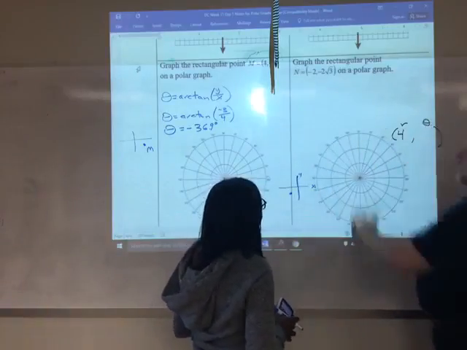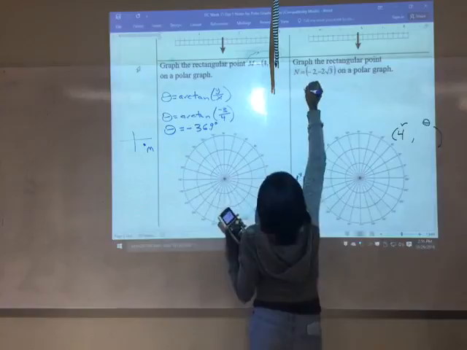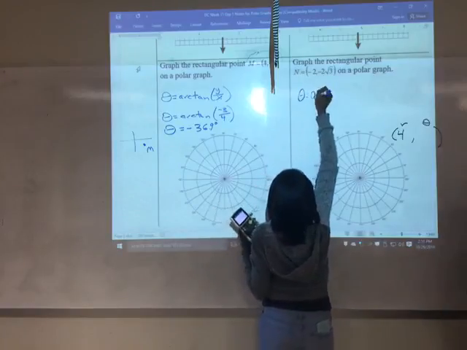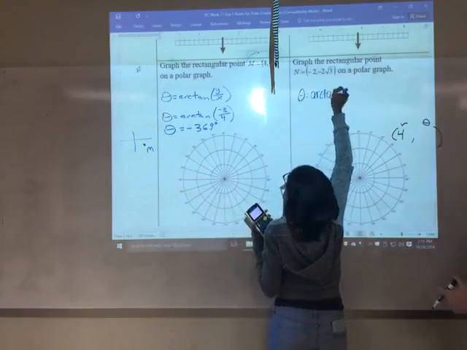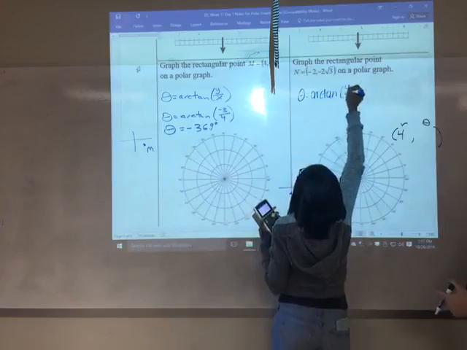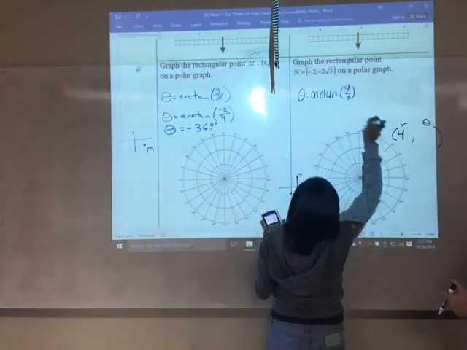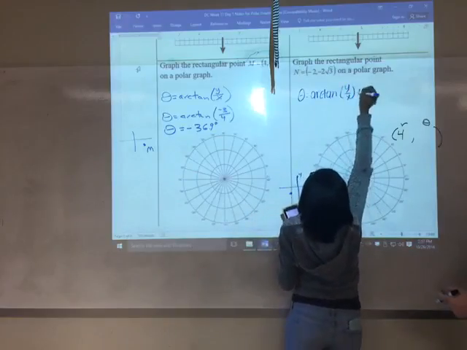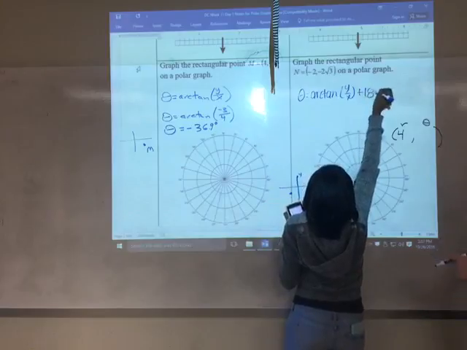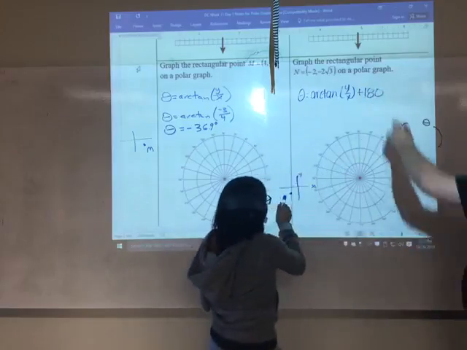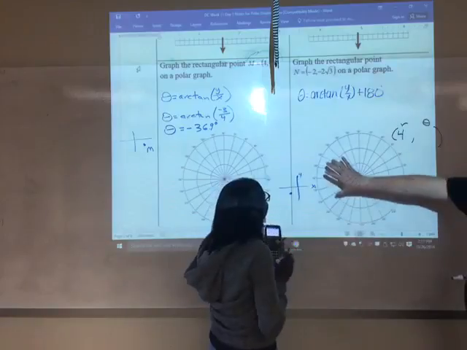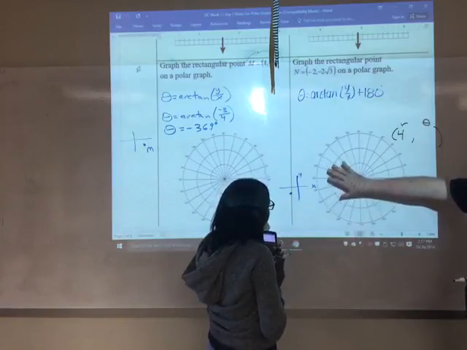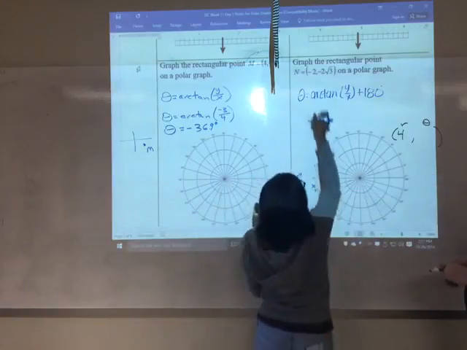Now to find theta. Theta equals arc tan of y over x. And since it's in quadrant 3, we're going to add 180 degrees. Notice what she said there, folks. We're in quadrant 3, so we're adding 180 degrees. Yes. Do that in quadrant 2 or 3.